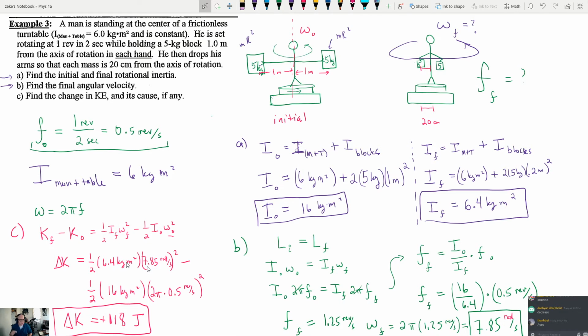One simple way would be if I take an object that's sitting at rest and I drop it, its kinetic energy goes up. But that's because gravity does work on it. In general, when kinetic energy of a system changes, there has to be work done somewhere, or some kind of energy conversion process. Those are the only two possibilities. So what do y'all think? What's the cause of the increase in kinetic energy in this case?